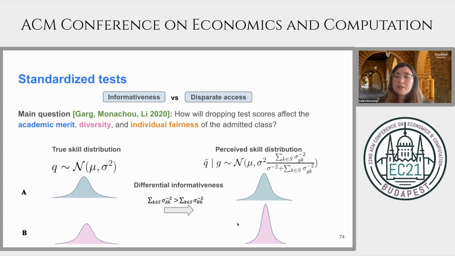And as a result, in this picture here, we see a greater concentration around the mean for their estimates compared to group A estimates. So when a selective school comes and sets an admission threshold, okay, so like here, more group A students will be perceived to be high skilled, and as a result, more of these A students will be admitted to the school, which naturally means that group B students are underrepresented.